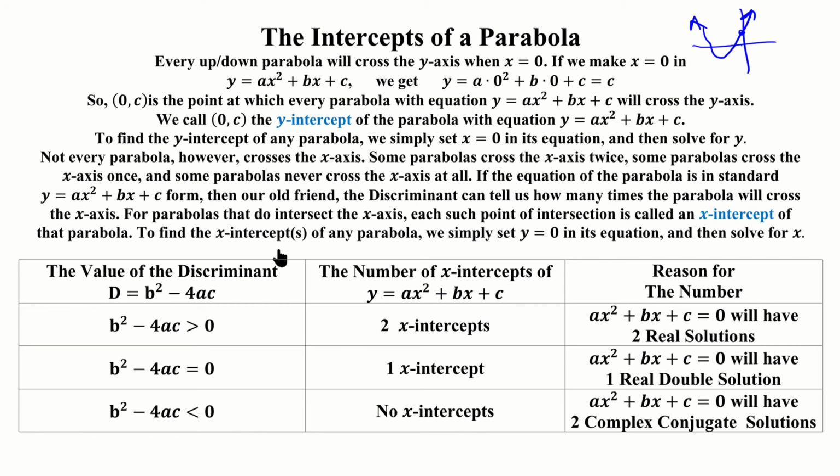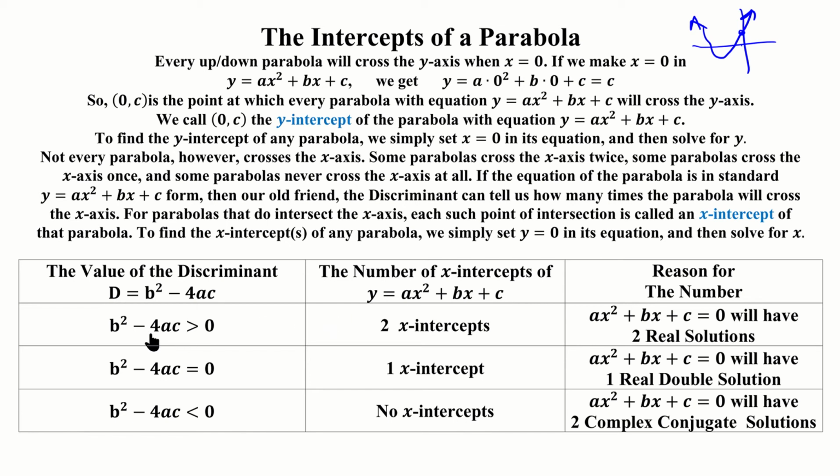Notice that one of our old friends, the discriminant, which we've discussed before, which is b squared minus 4ac, can be used to tell you how many x-intercepts a particular quadratic function's graph is going to have.